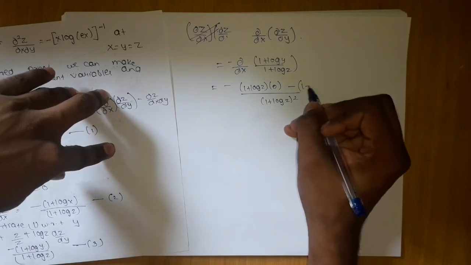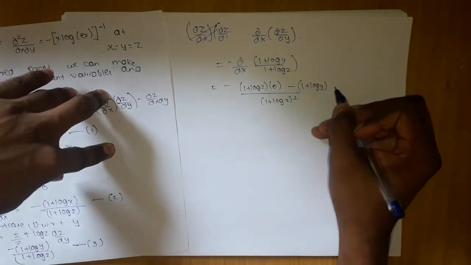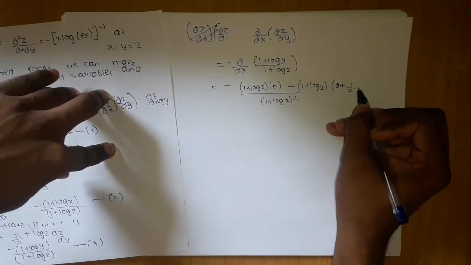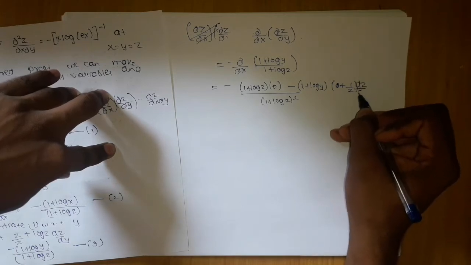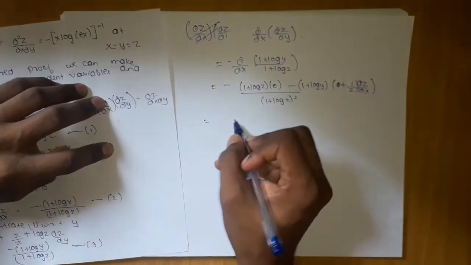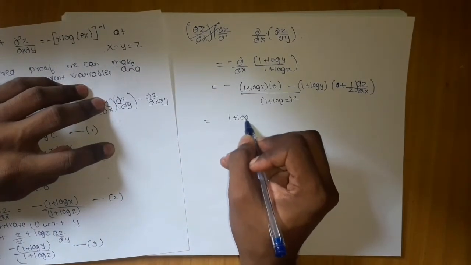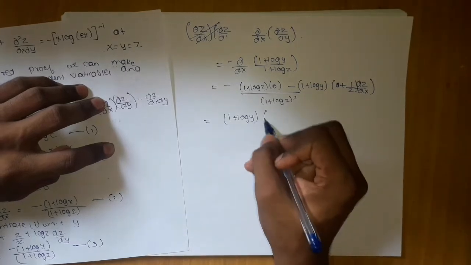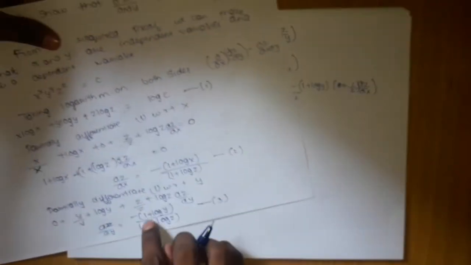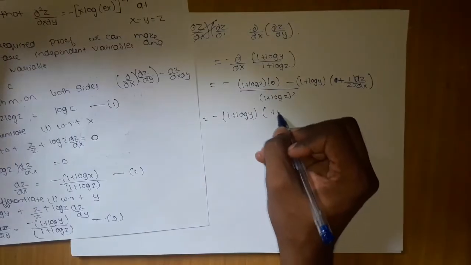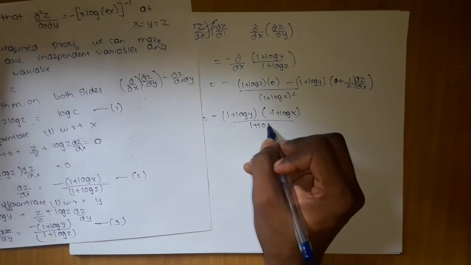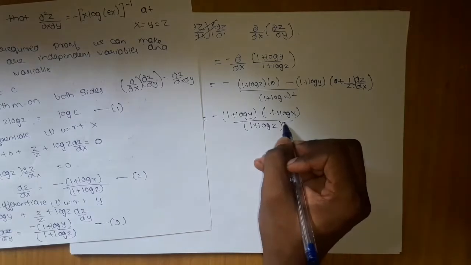What we are going to get here is 1 plus log y into 1 by z into dz by dx. This will become plus, and finally we are left with 1 plus log y into plus into, if we substitute dz by dx value, it will again become minus, and dz by dx is 1 plus log x the whole by 1 plus log z the whole cube.